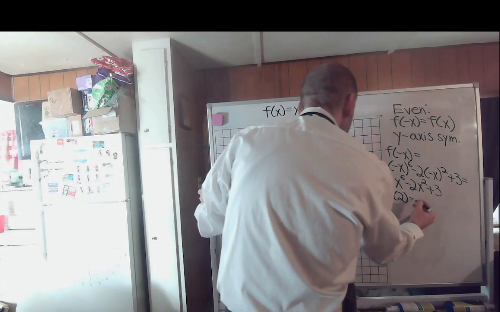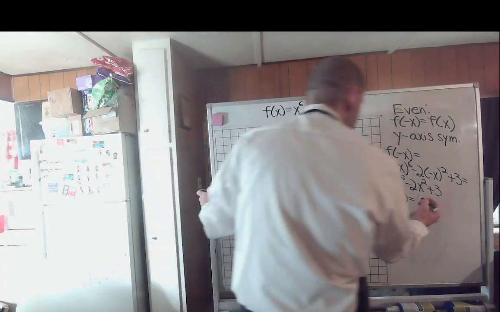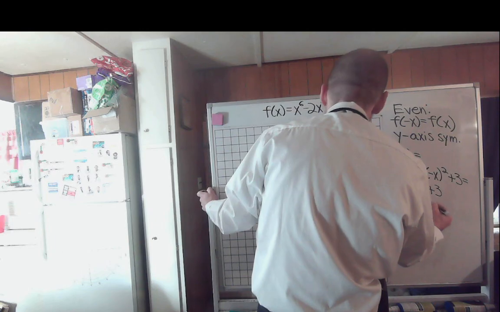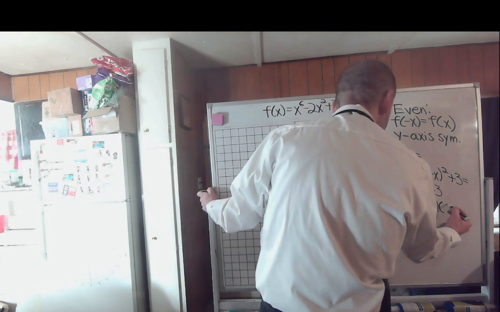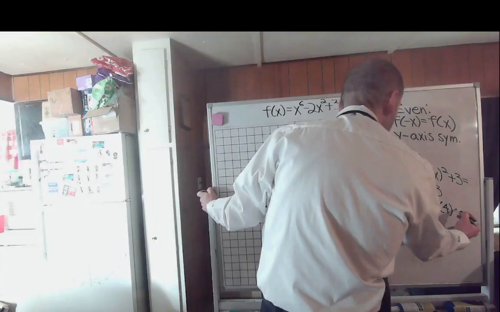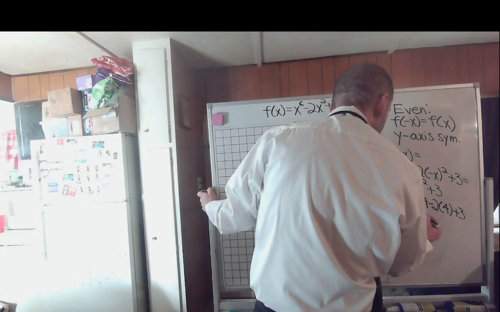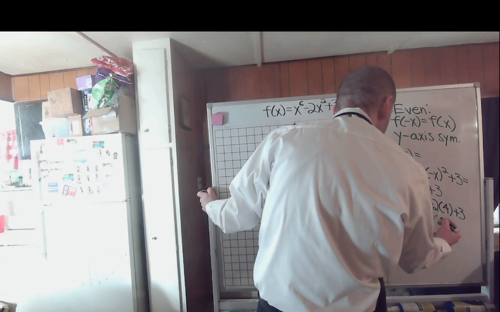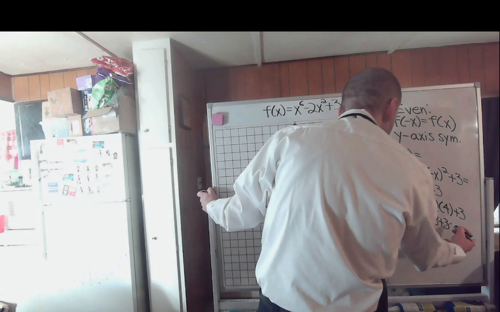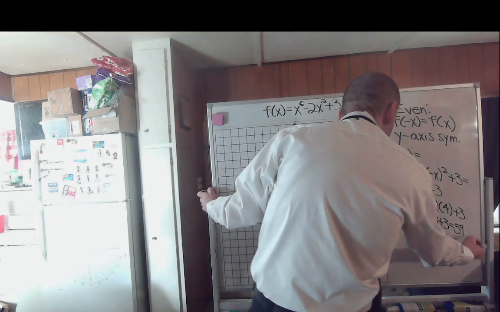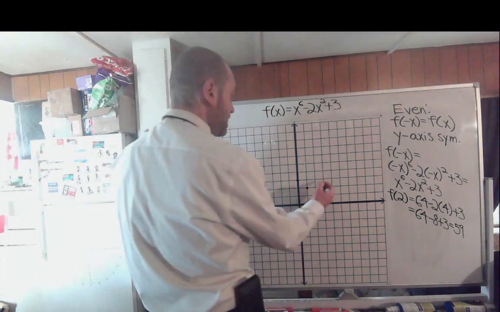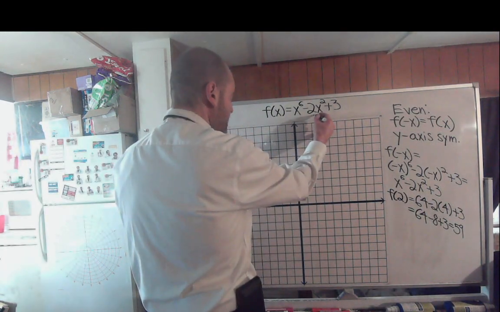F of 2 is going to equal 64 minus 2 times 4 plus 3, so that would equal 64 minus 8 plus 3, which would be 59. So at f of 2, I'm all the way up in here somewhere.